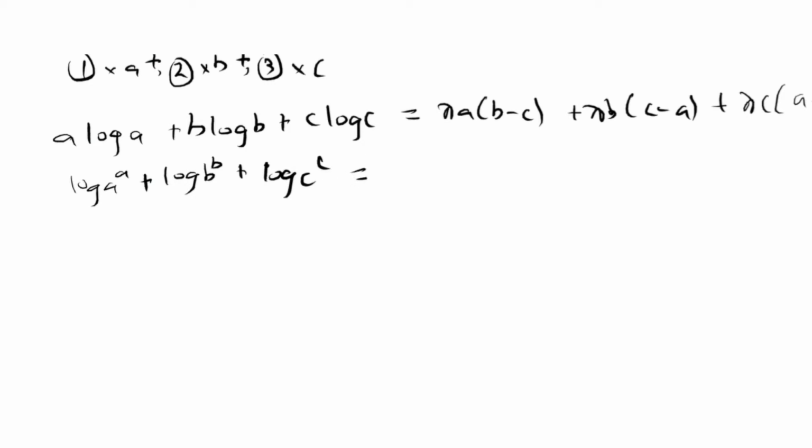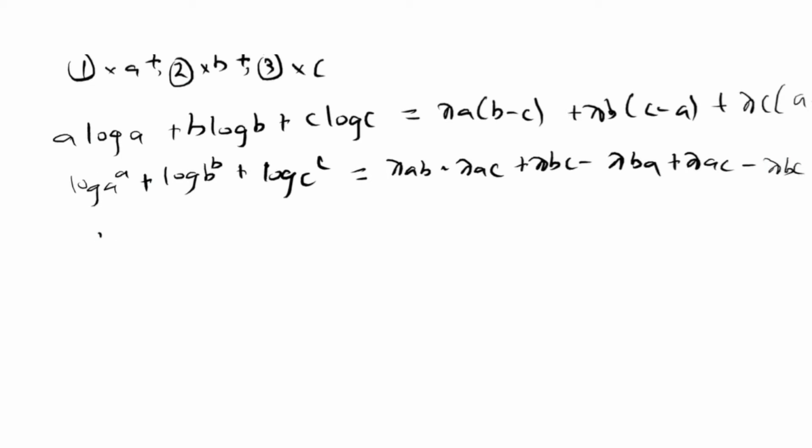And on the right hand side I open the brackets. I get lambda ab minus lambda ac plus lambda bc minus lambda ba plus lambda ac minus lambda bc.